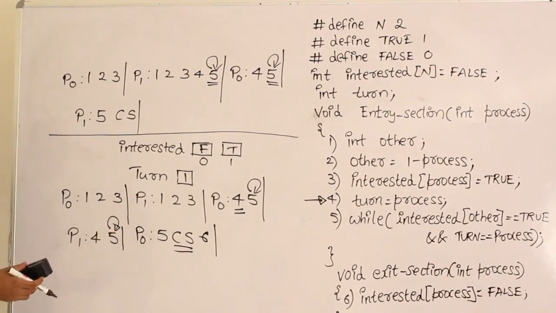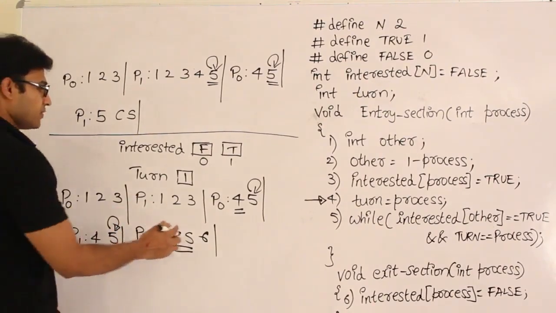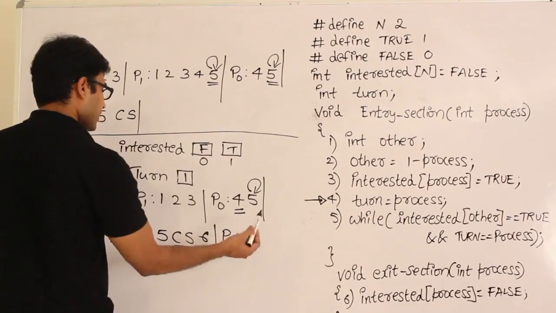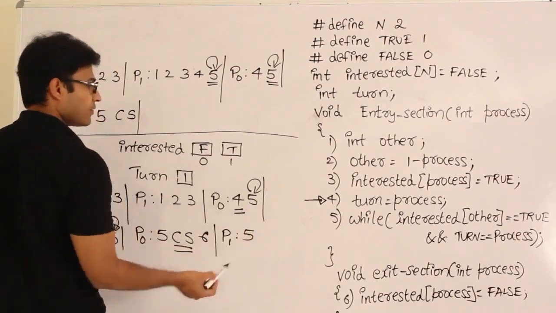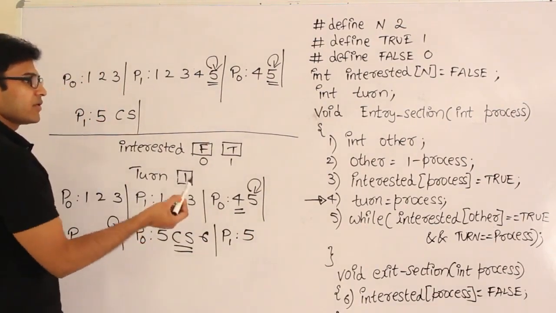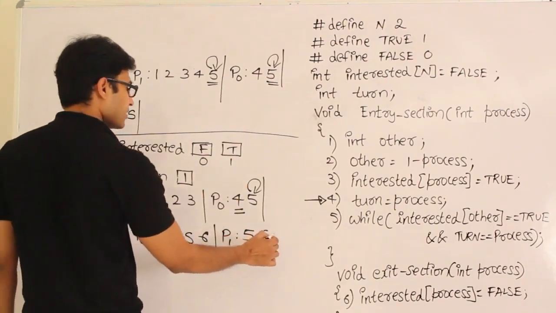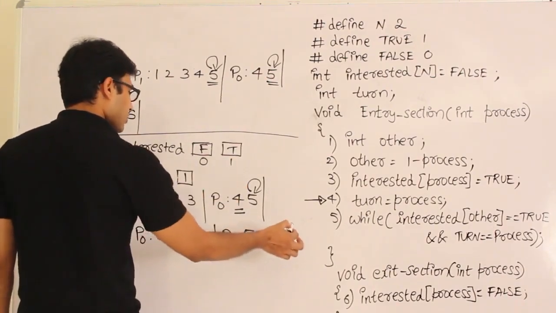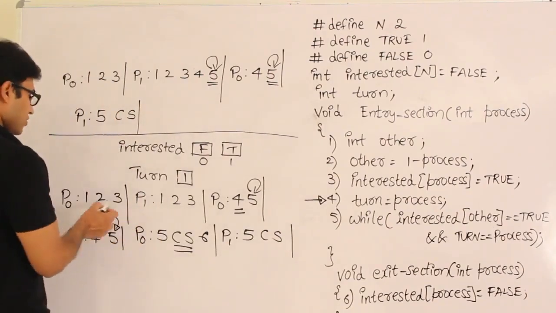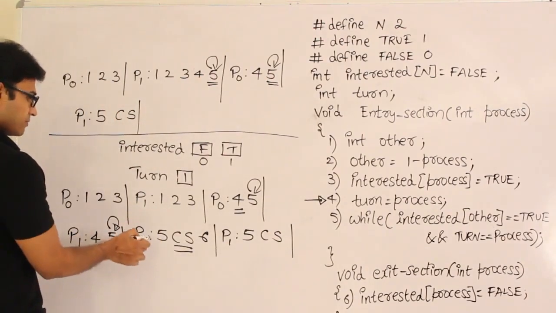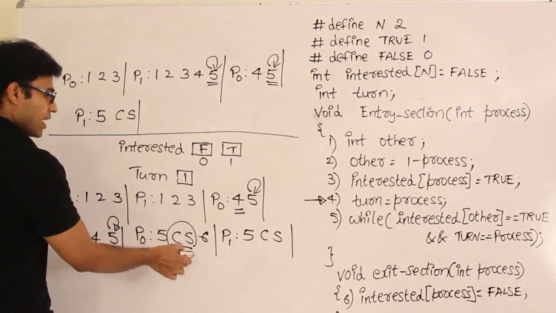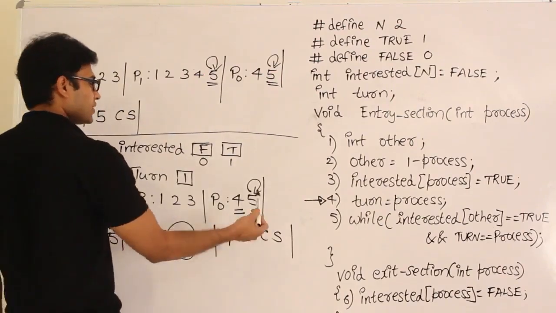It has executed line 6, and now the other one, P1, when it gets scheduled, will again run line number 5 and there it will check that interested of other equal to false, which means the other is not interested, therefore the while loop will break and it will enter the critical section. Got it? Once P0 has entered the critical section and once it comes out, P1 can obviously go into the critical section.